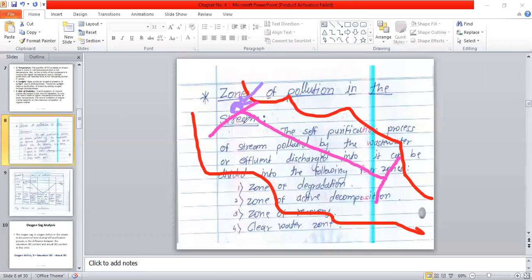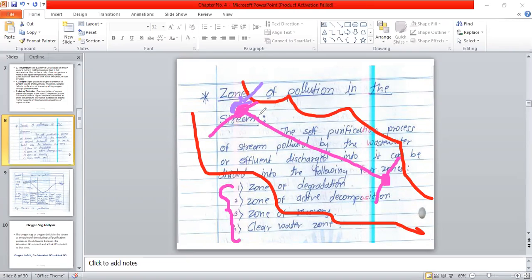During this portion, these four activities will be performed, and then at this spot the stream will come back to the main stage, before the point where the wastewater was added to that particular river.